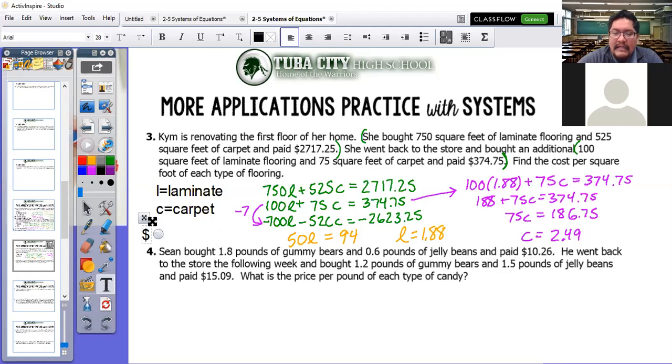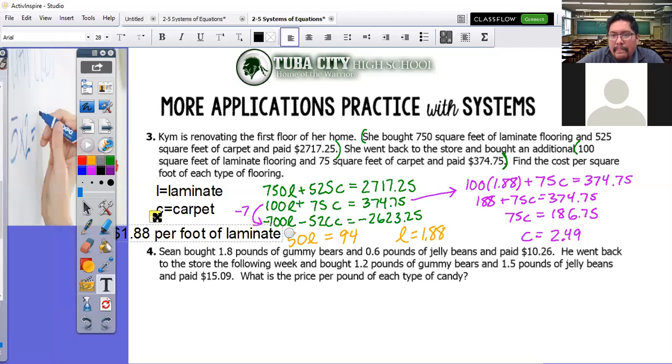So $1.88, and I'm going to say per foot. Now it says per square foot, but I'm just going to say per foot of laminate. And I'm still going to have to move this over somewhere. Or maybe I could shorten it by just putting a slash and FT. And actually, if you were going to go shopping for this kind of stuff, that's probably what it would say.